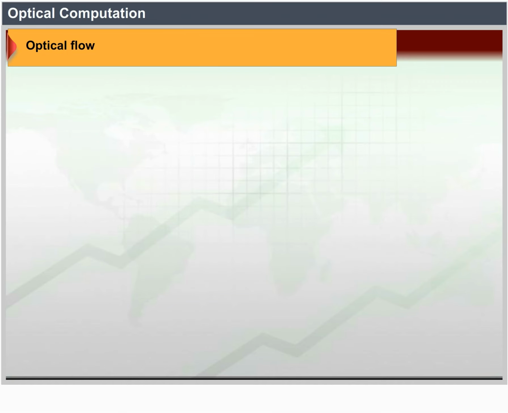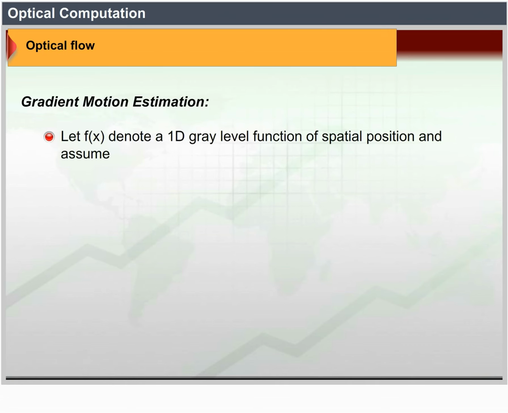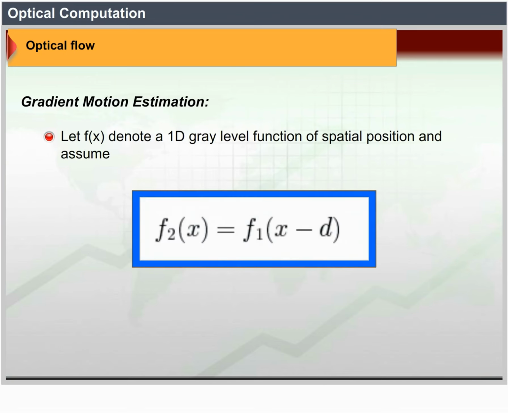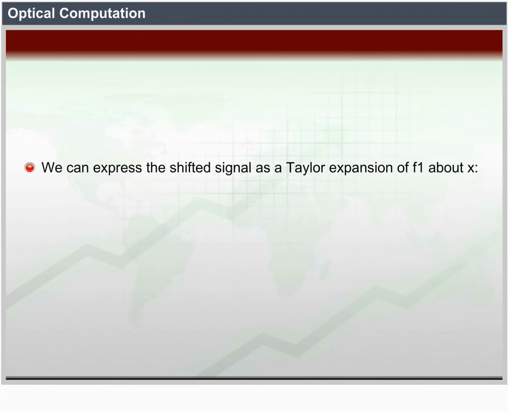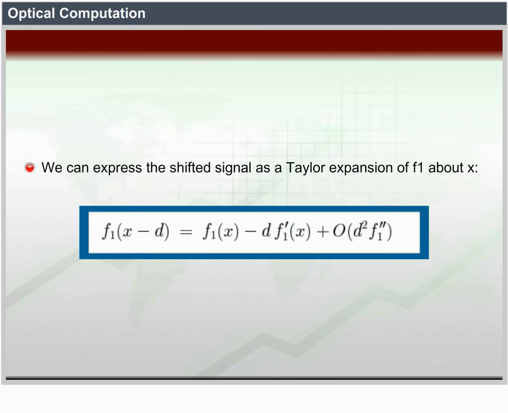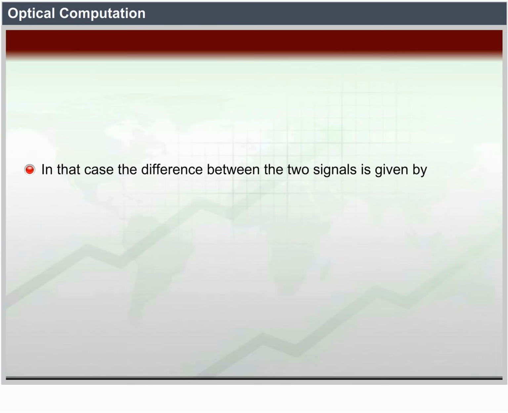Gradient motion estimation. Let f of x denote a 1D gray level function of spatial position and make the following assumption. f of x is translated by d between time t1 and t2. We can express the shifted signal as a Taylor expansion of f1 about x as shown, in which case the difference between the two signals is given by.